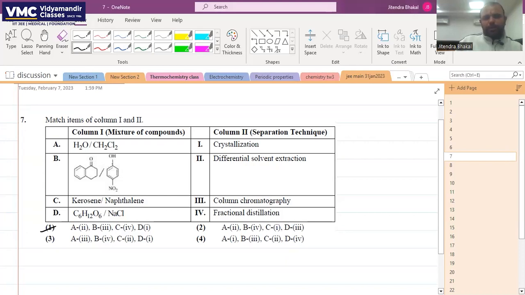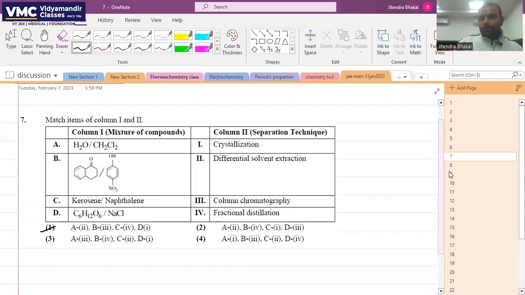So adsorption of the second compound will be more on the adsorbent. So the column chromatography method can be used because they have different tendencies for adsorption. So with B, we can match the third one. So option 1 is the answer.